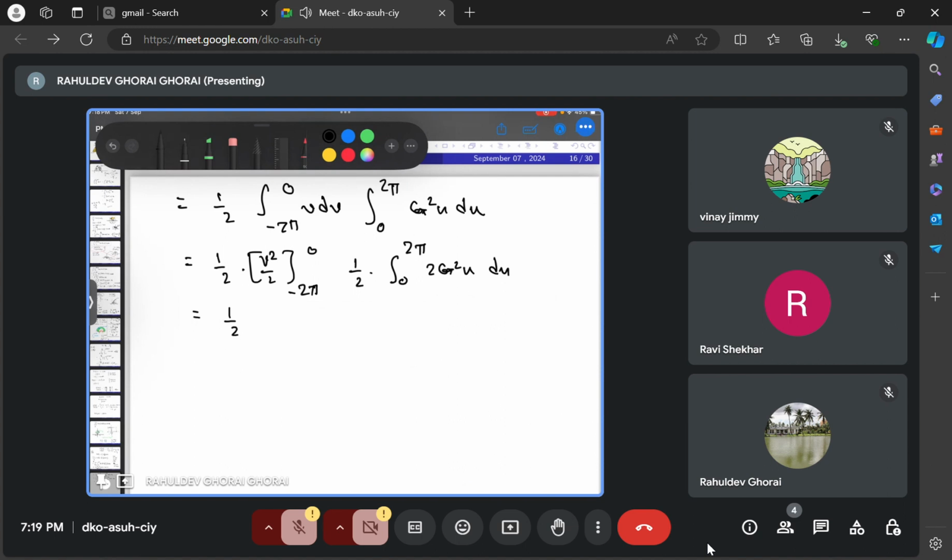So then half times, that will be negative of 4 pi square over 2, times half. This one can write as 1 minus cos 2u, 0 to 2 pi du. So that gives you minus pi square times half, 1 means u, so u minus sine 2u over 2, because the integration of cos x will be sine x over 2.